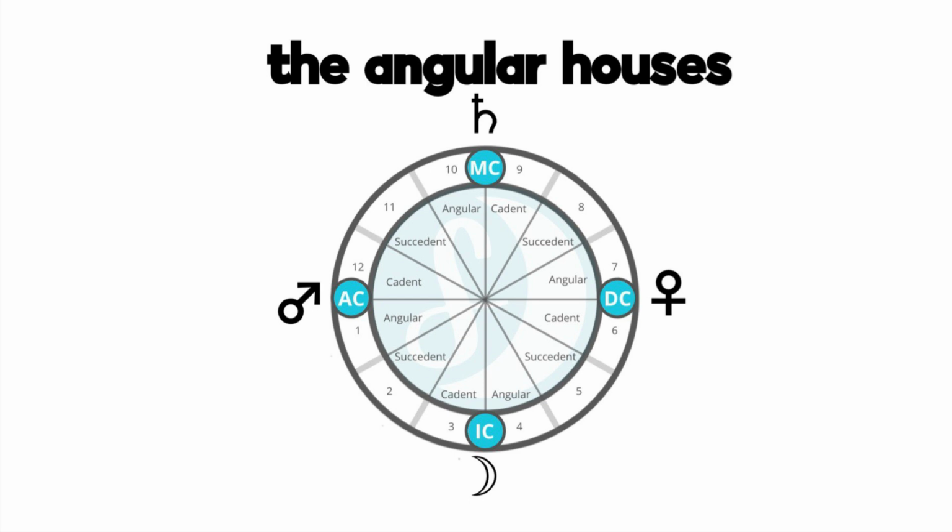Because tropical zodiac or Western astrology is based a lot on Greek mythology. So there will be a lot of that that comes up sometimes in interpretations, but also just in learning it.